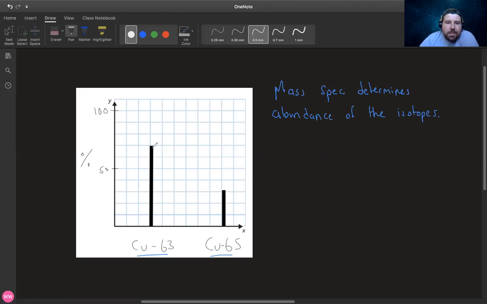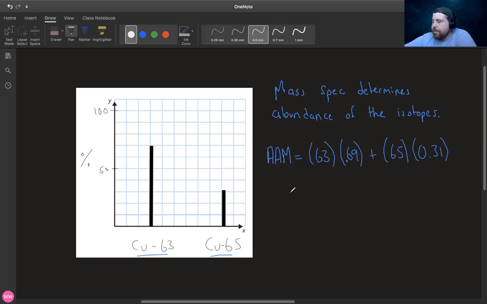Copper 63 is about 68 or 69%. Copper 65 is about 31 or 32%. We can do a very brief approximation of the average atomic mass using our mass numbers. So 63 times 0.69, plus 65 times about 0.31, since we need to make sure our abundances add up to 100%.